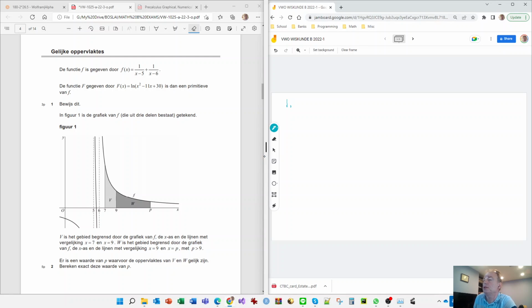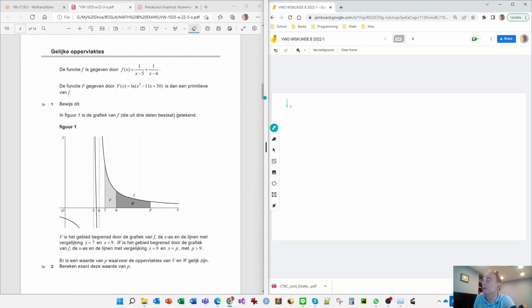Okay, well, the primitive of 1 over x is log x. So we see here it's somewhat of the form 1 over x minus 5.